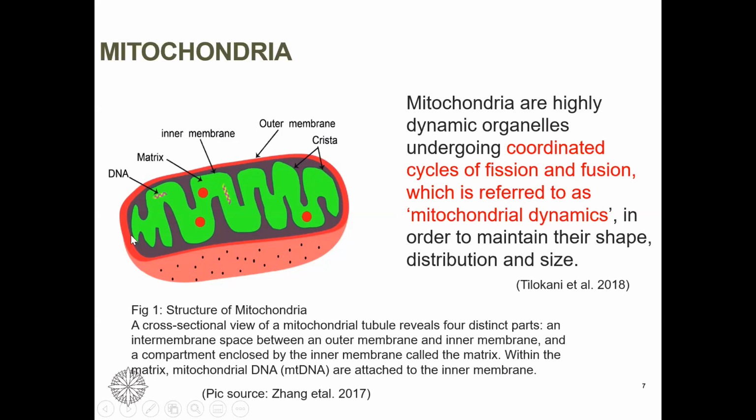We used to make this oval shape and then draw these cristae inside. But now we know that actually they have got two membranes. There's an outer membrane, there's an inner membrane. Activities are going on in both of them. Plus, there is a lot of activity going on between these two membranes also.